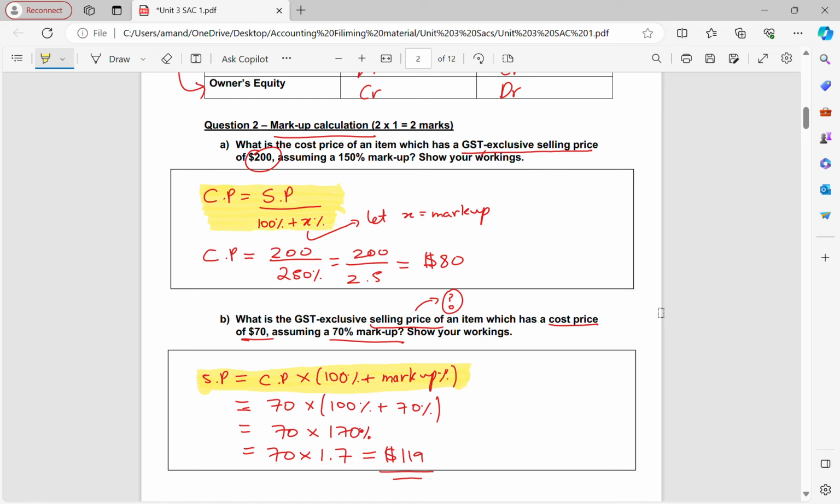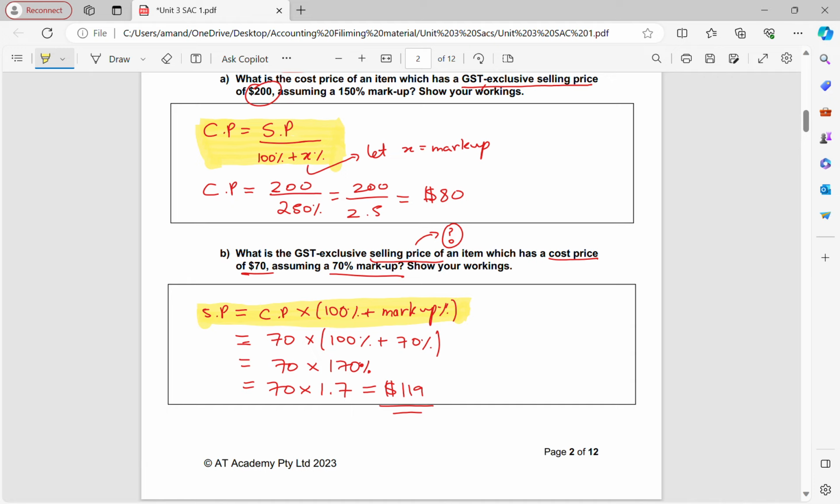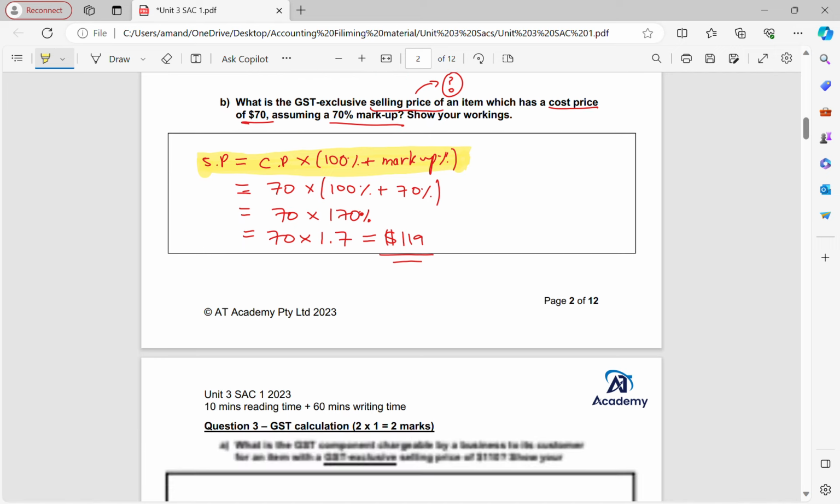Obviously the business will want to make a profit, so they're going to increase it by a certain percentage, which is the markup, to get to that selling price. So usually selling price is higher than cost price, and you can check your answers by seeing if your cost price is lower than your selling price. Here for us, the selling price has always been higher, which is good. So we can probably move on now.